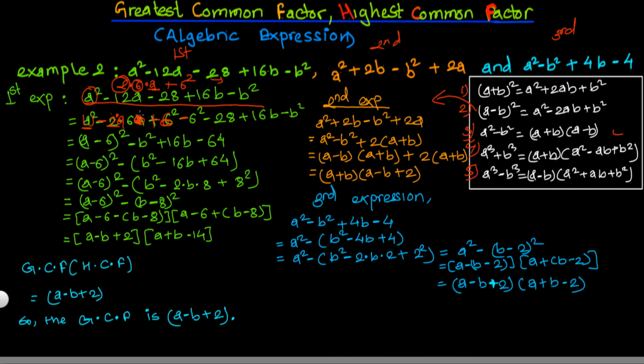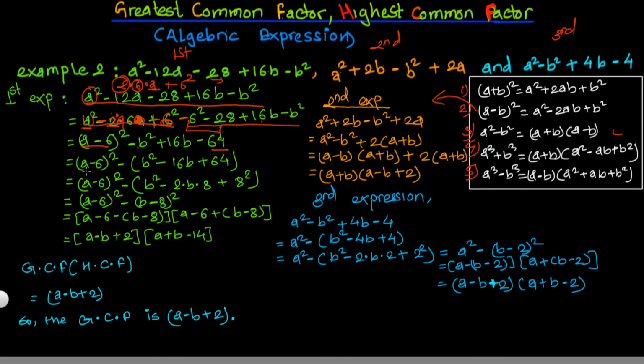But in order to get the whole square form of a minus 6 whole square over here, this is a minus 6 whole square, and the remaining term I write as it is. Now this is a minus 6 whole square minus the remaining term, b square plus 16b over here, and 6 square is negative 36, negative 36 and negative 28 is negative 64.